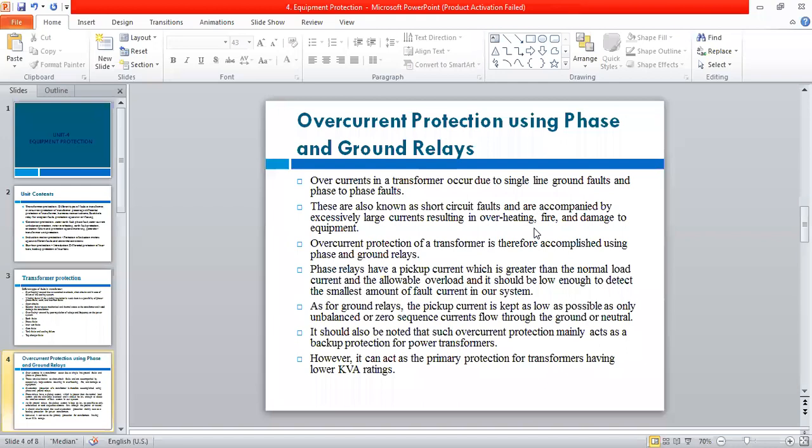Okay, so here is the overcurrent protection using phase and ground relays. Here we are considering single line to ground and phase to phase faults.